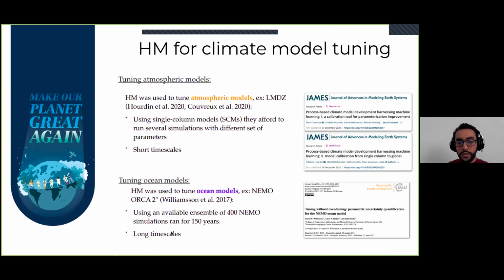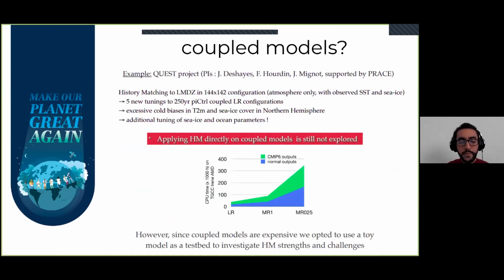The ocean has a long time scale. You need to wait a long number of years for it to stabilize and to calculate your metrics. So there are a lot of challenges especially in ocean models. But the question that I'm interested in is about coupled models, where you have a lot of components in your climate models, and actually applying HM, history matching, directly in a coupled model is still not explored.